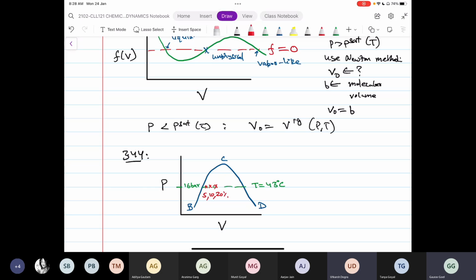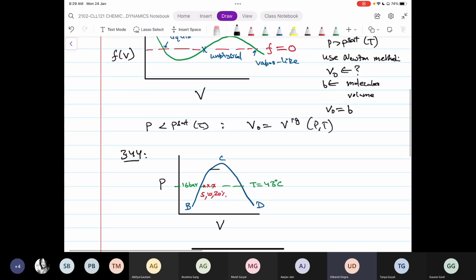Also, the final temperature is given to us, so let us draw the isotherm at that final temperature. T equal to 70 degrees Celsius, that is given.